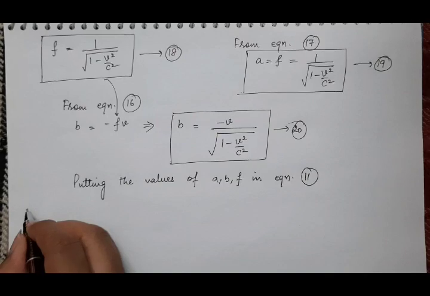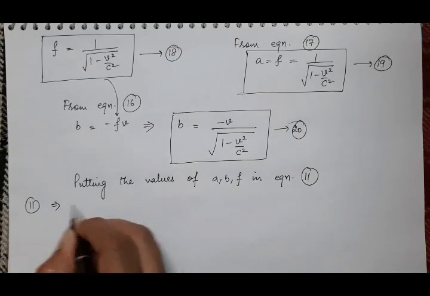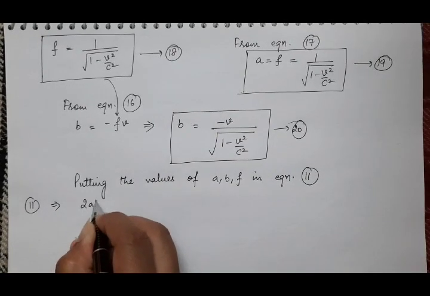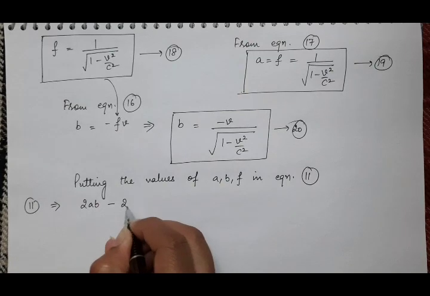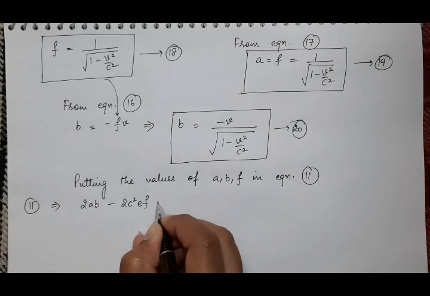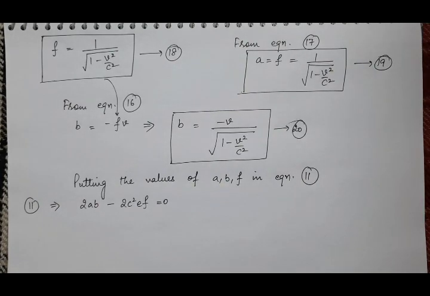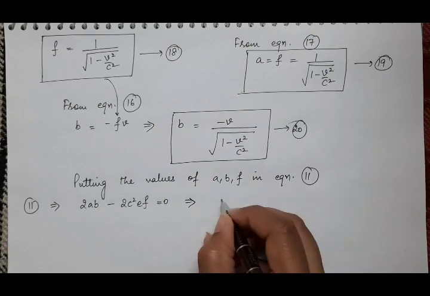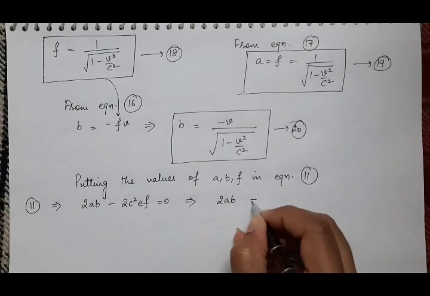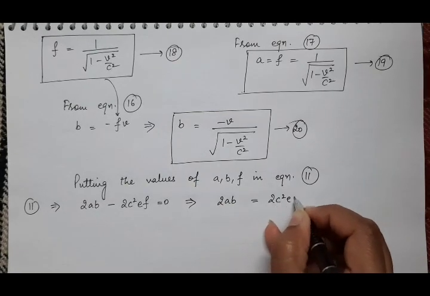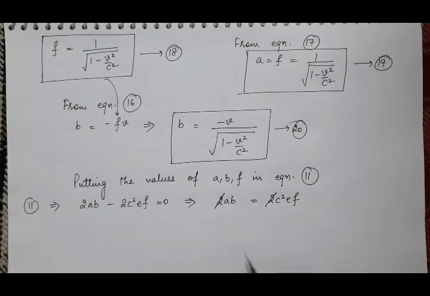And what is equation 11th? Equation 11th is 2AB minus 2C square EF is equal to 0. Which implies 2AB is equal to 2C square EF. 2 and 2 is cancelled out on both sides.